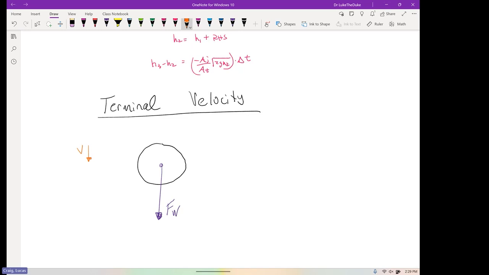You can label things, just make sure we're dealing with forces or kinematics, which is acceleration and velocity. Okay, drag. Which way does the drag go? Up. And I called this FD. So drag always opposes motion. Okay, so this is falling.